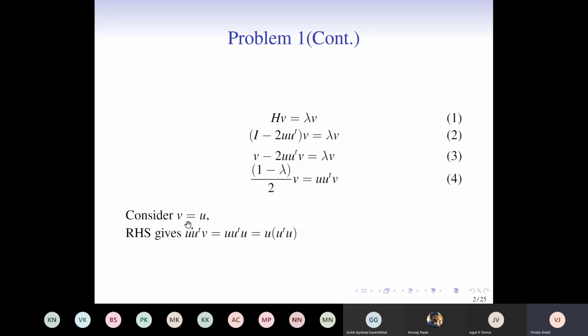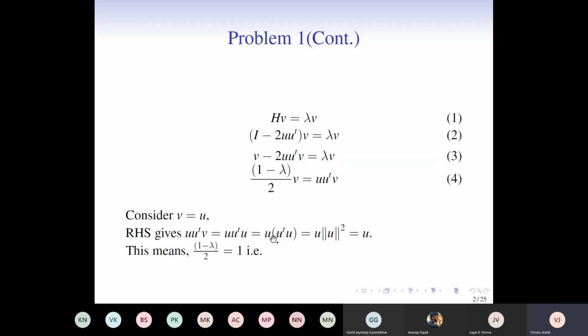We consider V as U. The right hand side was UU transpose V. Put the value of U in V, and U transpose U is 1 because it was given that U was a unit vector. So UU transpose V is equal to V because V is U.